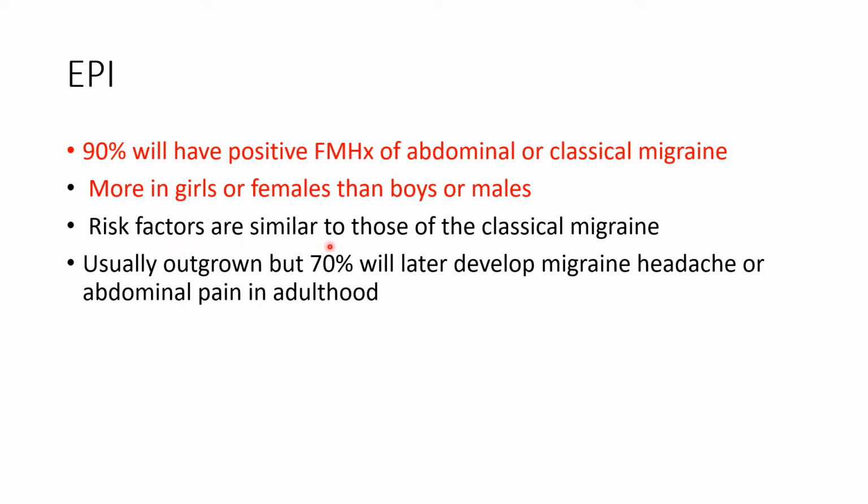The risk factors are similar here, just like the classical migraine. So you can just pause and rewind and go through the risk factors or triggers together. Usually outgrown, but 70% will later develop into migraine headache or abdominal pain in adulthood.